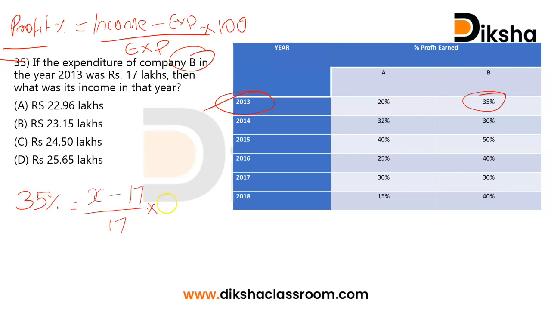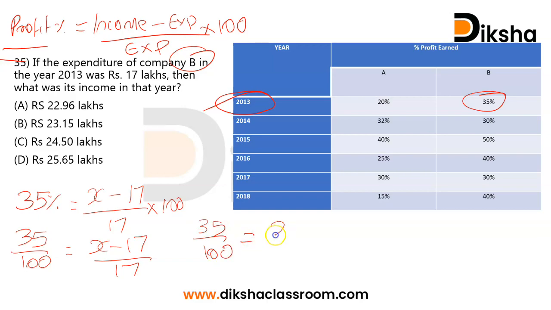So 35 by 100 is equal to X minus 17 by 17, which can be further written as 35 by 100 equal to X by 17 minus 1.